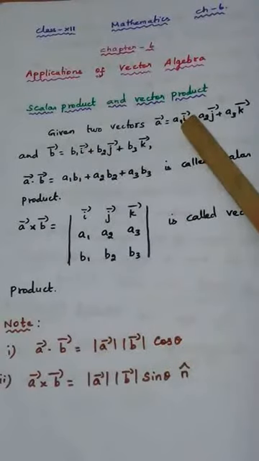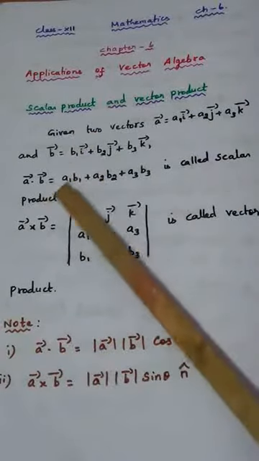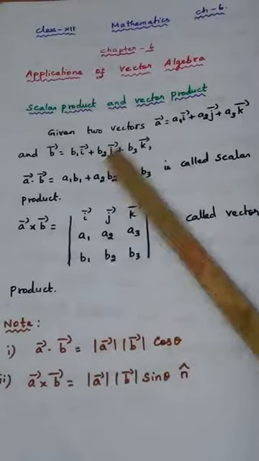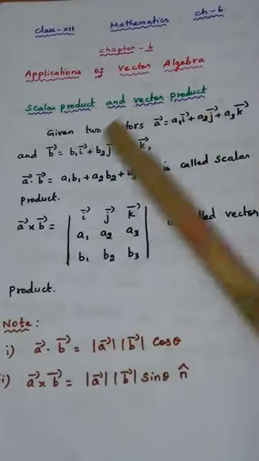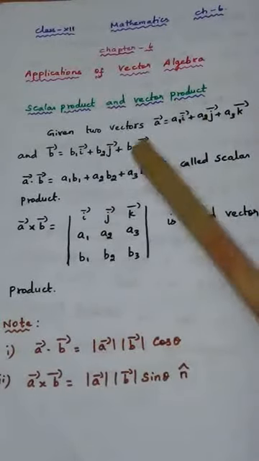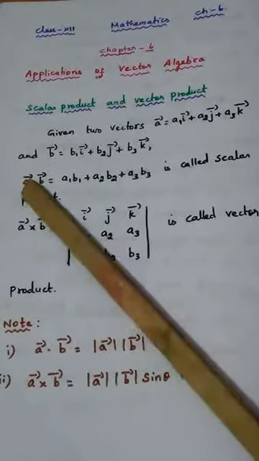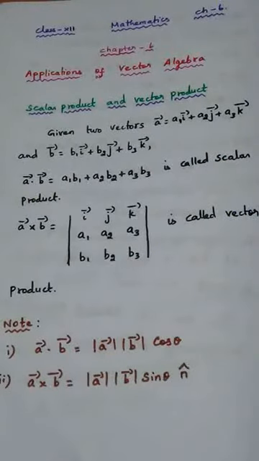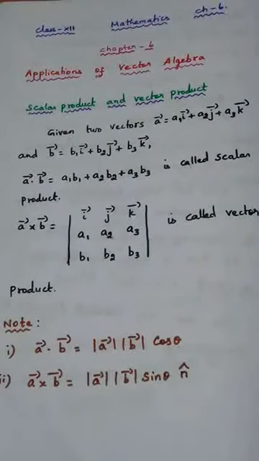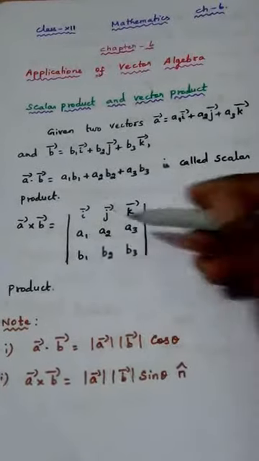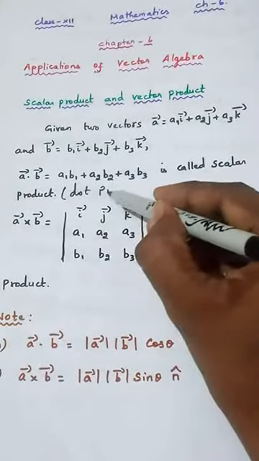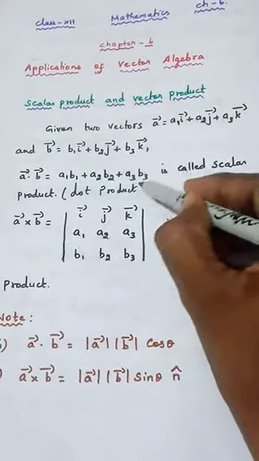So just coefficients will get multiplied. A1 into B1. That is what is written here. j combined with j. j dot j is 1. So coefficients just multiply, A2 into B2. Similarly A3 into B3. This is how we find out dot product. This is called scalar product, or otherwise it can be called as dot product.